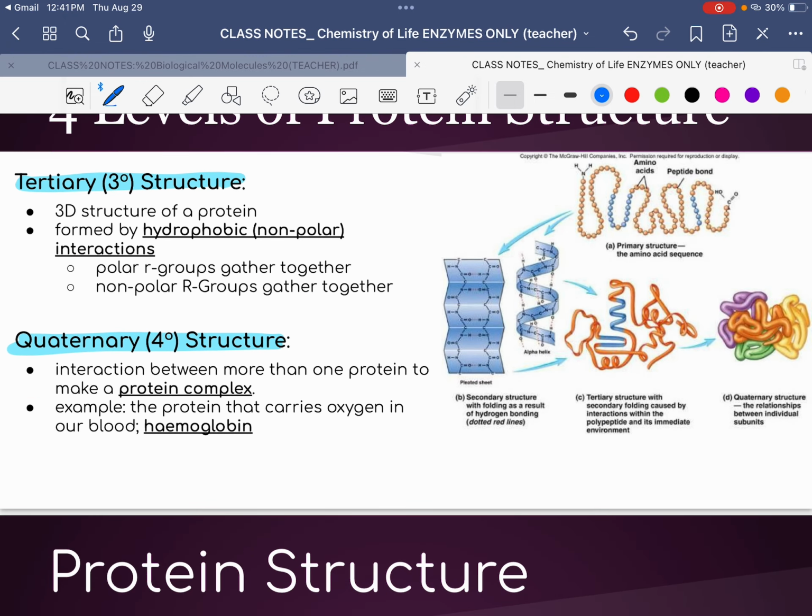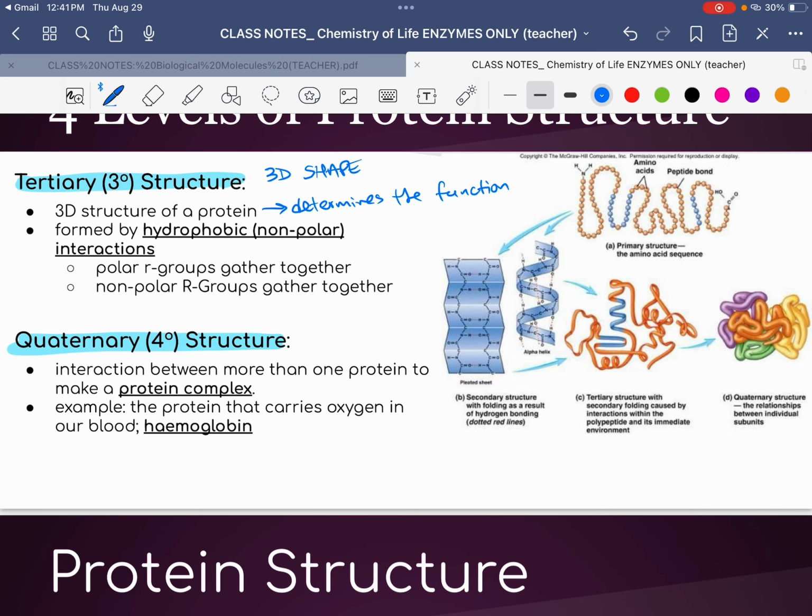Now, tertiary structure is essentially the three-dimensional shape. This is like the 3D shape of the protein. Okay, and the 3D shape of the protein determines the function of the protein.